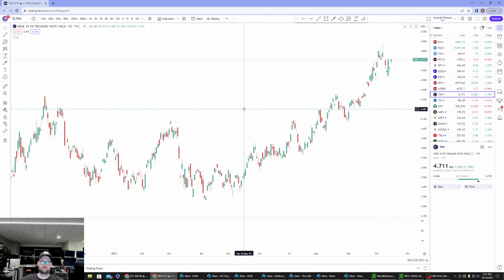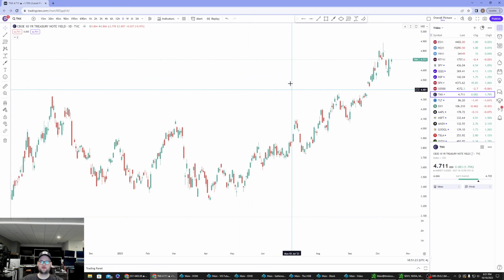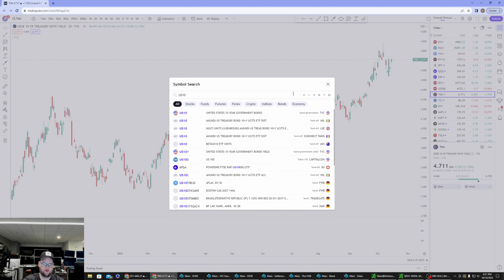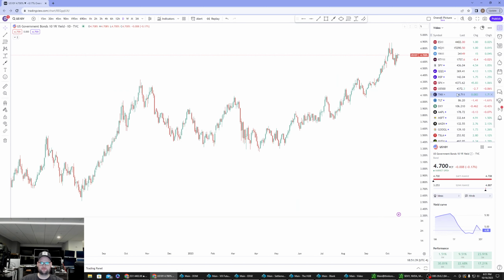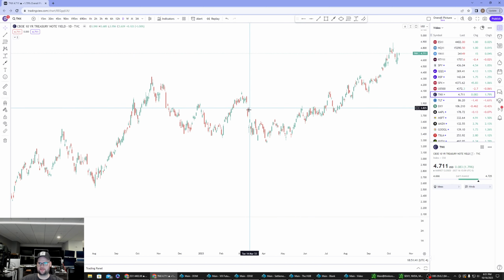So in order to have an idea of what yields are doing, you can either look at TNX, which is the ticker, right? TNX. Or if you're using TradingView, you could also type in US10Y, which will represent the same exact thing, just in a different instrument, okay? So for this case, we're going to be using TNX, okay?